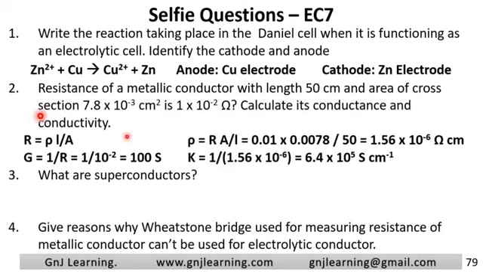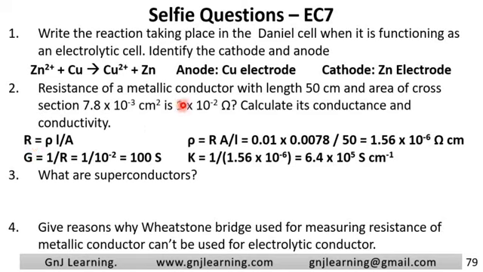So let's see. First, R is equal to rho into L by A, from where rho can be calculated as R into A by L. Substituting the values, R is 1 × 10^-2, which means 0.01, into 7.8 × 10^-3, which means 0.0078, divided by 50. And I will get a value like this for rho.